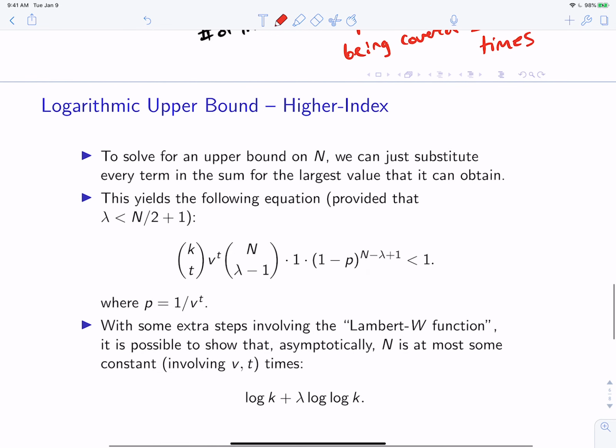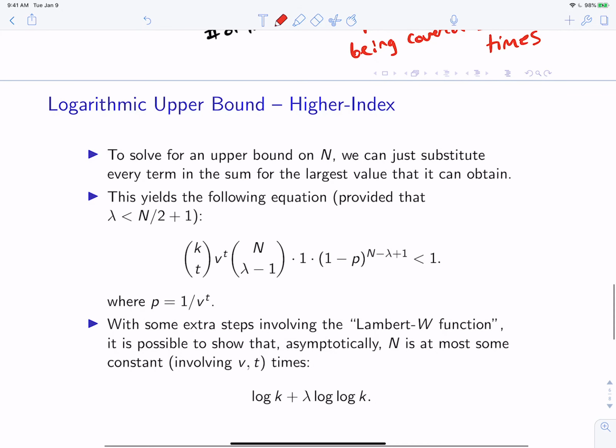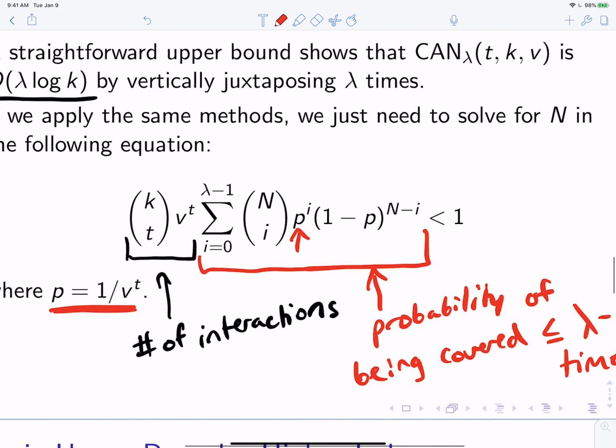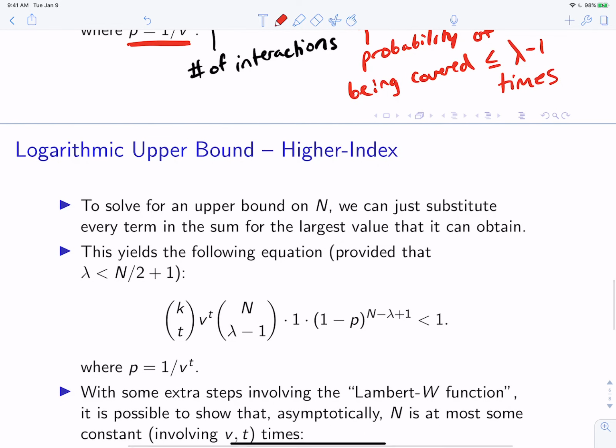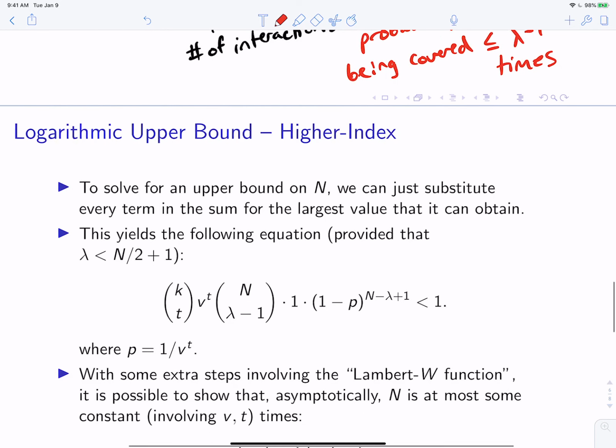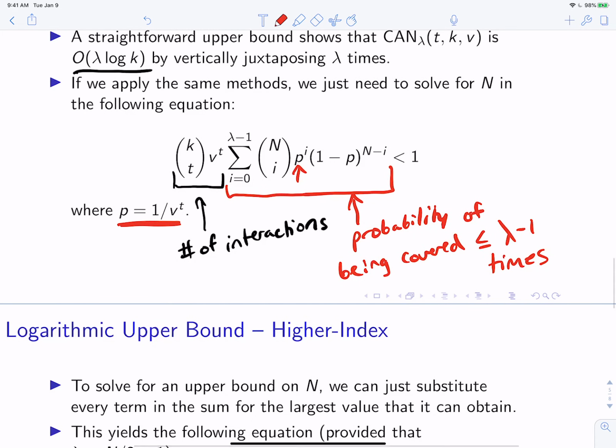So I won't go into these bounds that I've obtained too much, but it turns out that this is actually really hard to analyze. Whereas before, we had 1 minus the probability to the n, where it was just a simple n upstairs, and then we just took a simple log to fix everything. What I encourage you to do, and if you can solve it, you should talk to me, is try this equation here with lambda equal to 2.